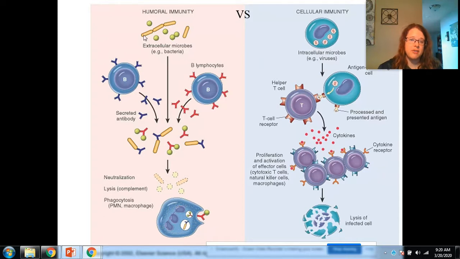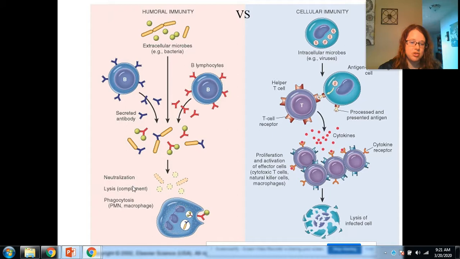Whereas humoral, we have all these bacterium, and actually this is all showing bacteria, but it could be any foreign invader, fungi, protozoan, that is not inside of a cell. So extracellular and intracellular. I'm going to focus on humoral for a second. With these extracellular microbes, what happens is they enter the body, they enter the bloodstream, and you have B cells. These B cells secrete antibodies, and these antibodies attack these non-self microbes, and then they do one of these three things.